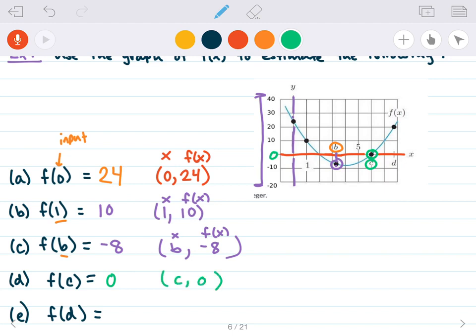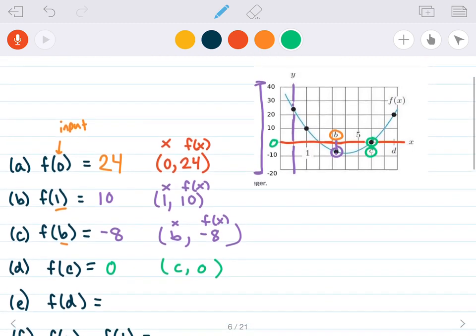Okay, let's see. f of d. So again, we're just going to look at our horizontal axis. We see d is over here. Where does d intersect the curve? If we draw a vertical line, that happens at a height of 20. All right, so when my input is d, my output is 20.